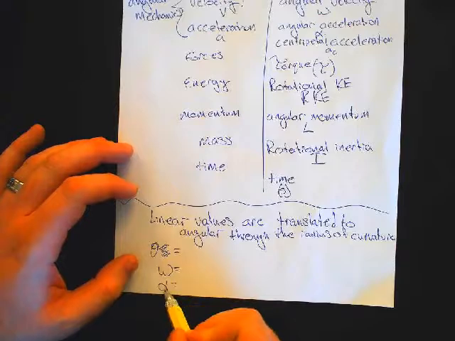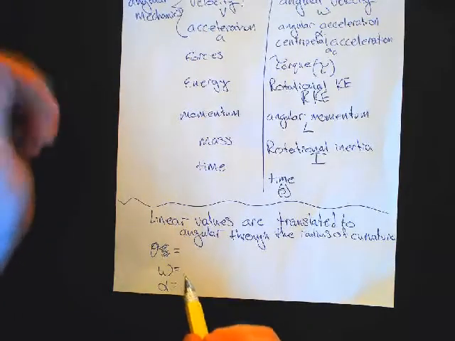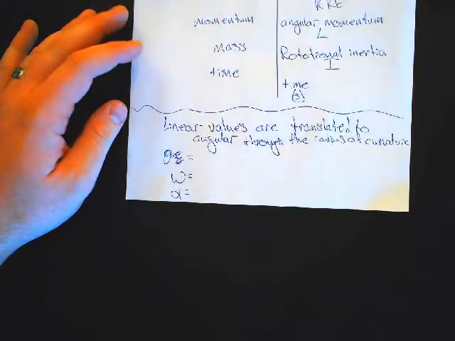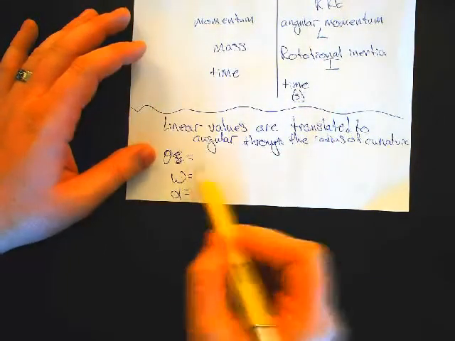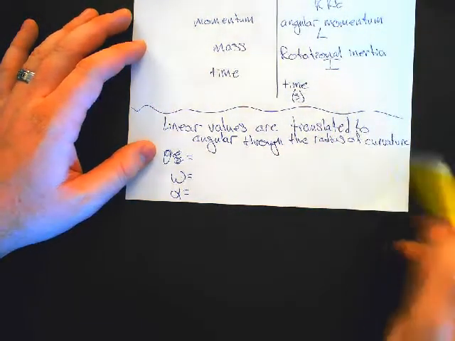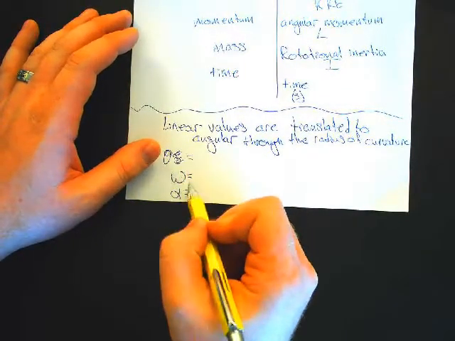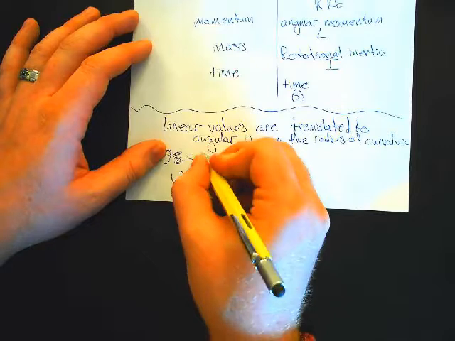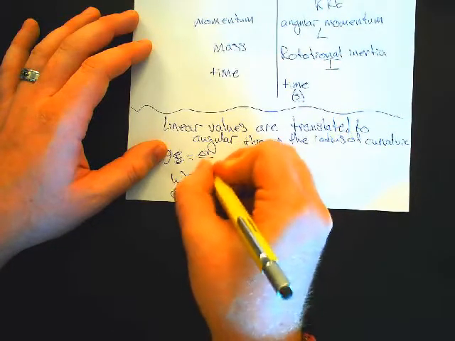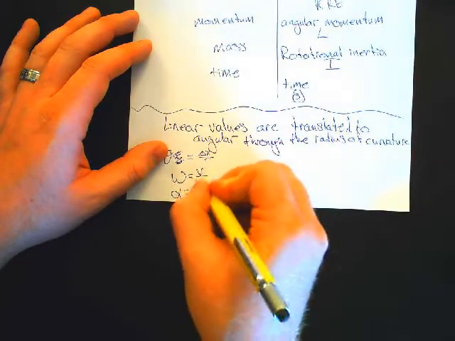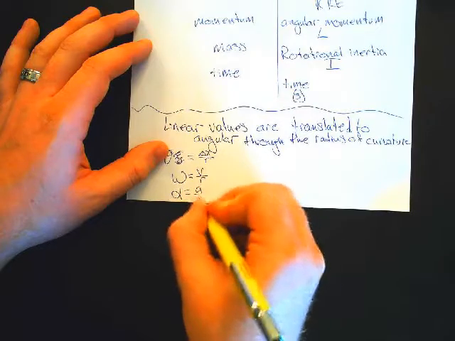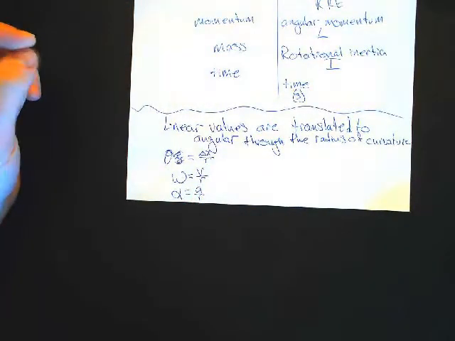These are our angular values. Each one of them can be developed from a linear value by, which part, Connor? Curvature. By dividing the original value by r. So delta x over r, v over r, and a over r. Okay? r is the radius.